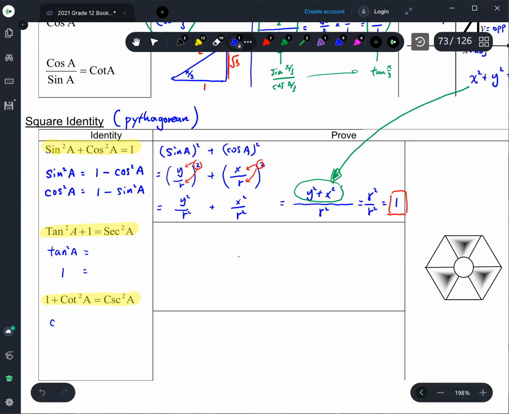Find out what cotangent squared looks like, and find out what 1 equals. So find the other two for each identity. Once you've done that, you can raise your hand and we'll check them. If you are confused on what to do right now, let me know.